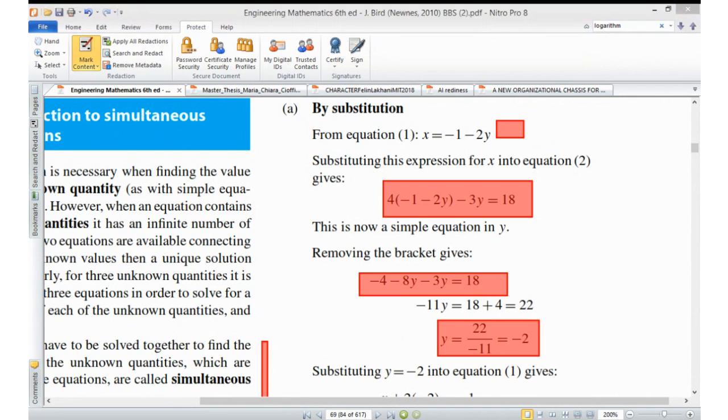That's substitution. So you make x or y the subject. It doesn't have to be x or y.